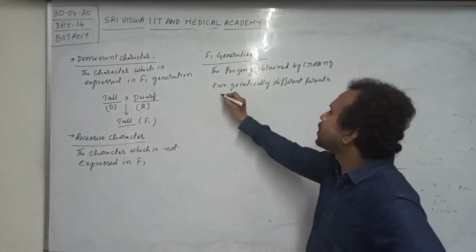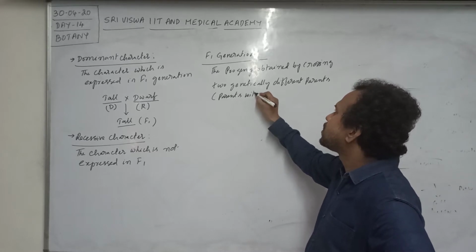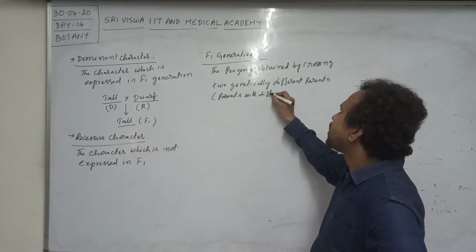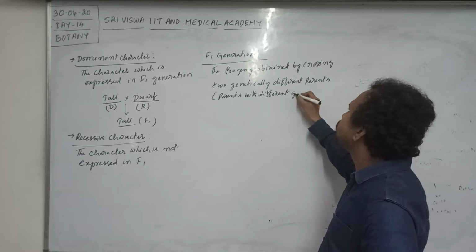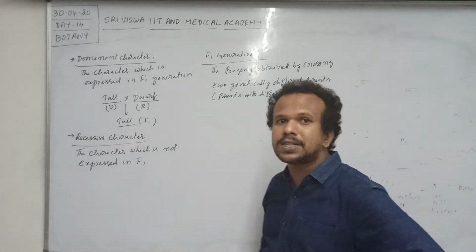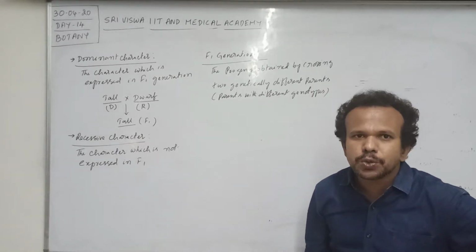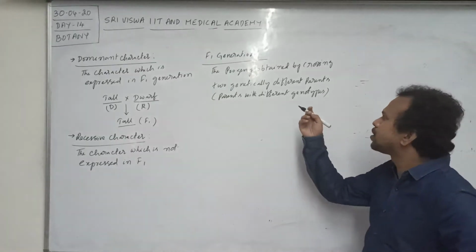Genetically different parents means parents with different genotypes. What are genotypes? Genotypes are nothing but the genetic makeup of an individual. The genetic constitution of an individual is called a genotype.